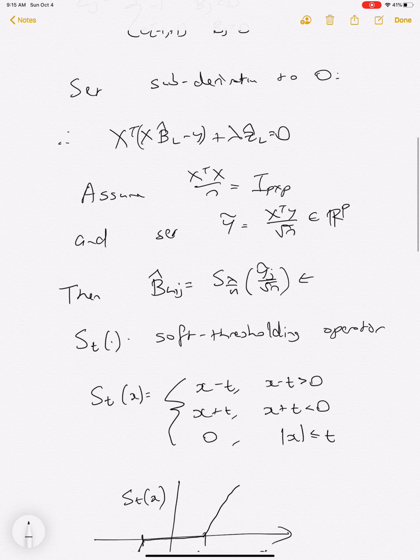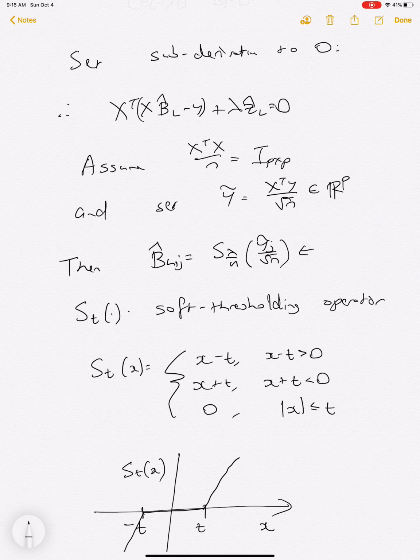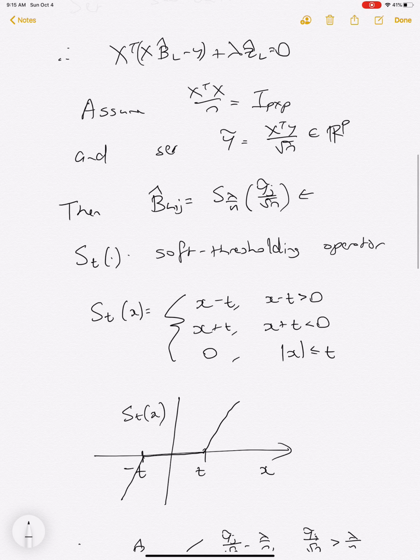So the lasso does this soft thresholding, which is very useful because in some sense we want some notion of model selection here, which means we want some of the values of b to be 0, which doesn't happen in ridge regression or ordinary least squares generally. But through this soft thresholding operator, we know that if y tilde has a small magnitude, in particular a magnitude that's smaller than lambda over n, then we set it to 0.